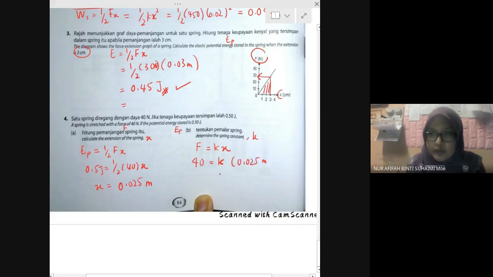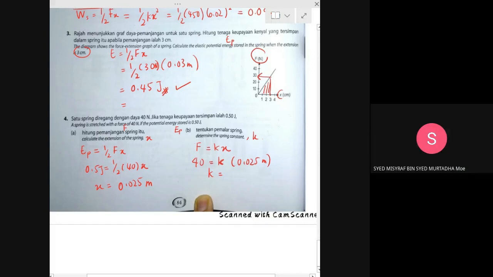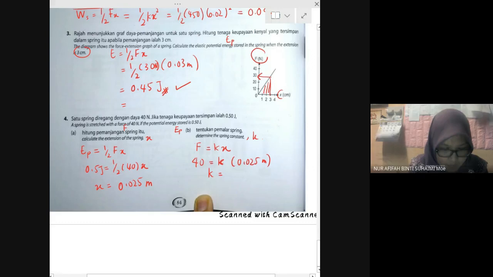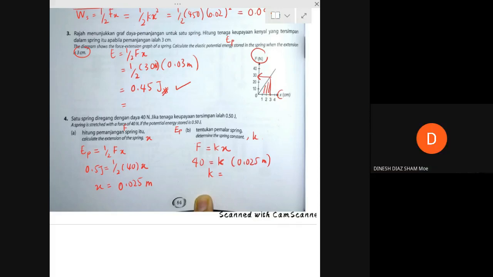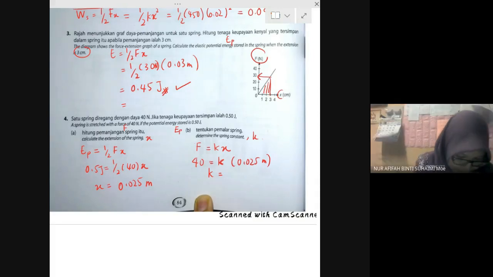So k is 40 divided by 0.025. Is it 1600 or 16,000? Use a calculator. It is 1600.